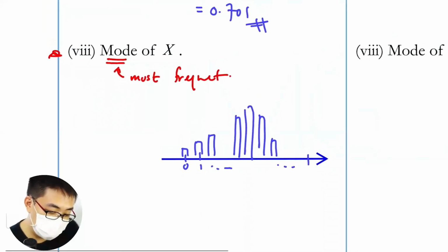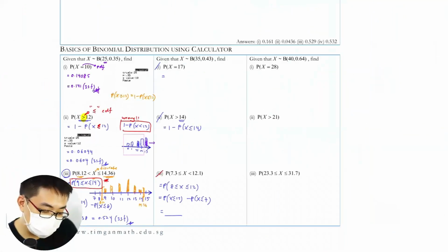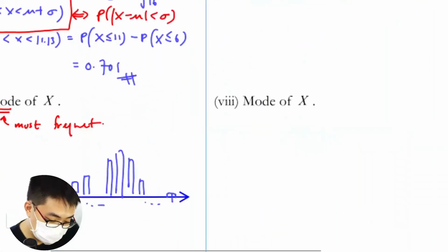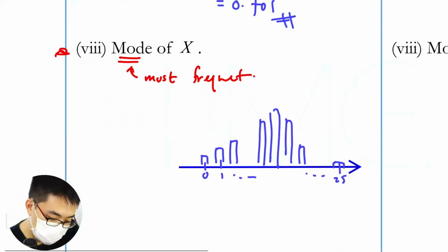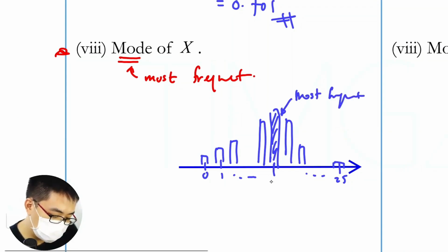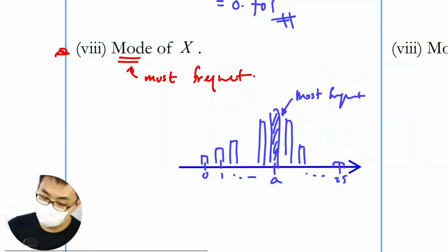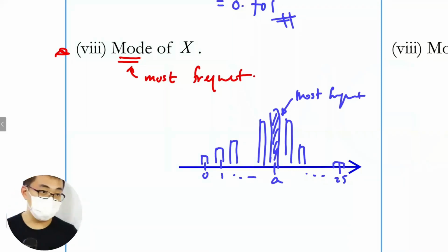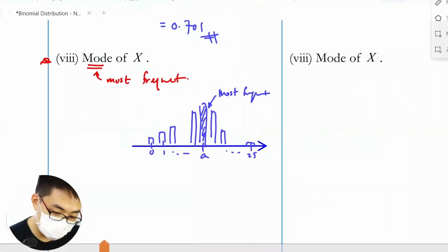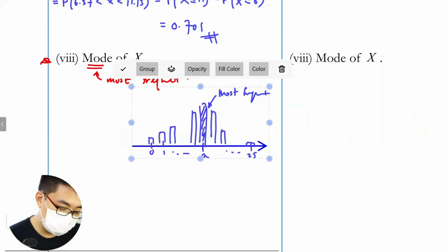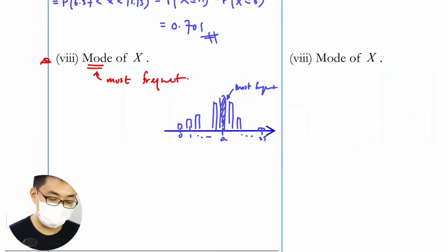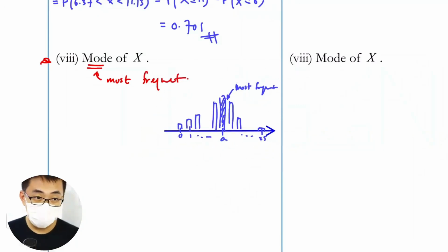It definitely will peak and go down because of the Pascal triangle. This is until 25. You want to find the most frequent one, so it's like X here, or A here. The mode will be A. The probability will be the most frequent one. In other words, I need to calculate each and every one of the probabilities. Okay?